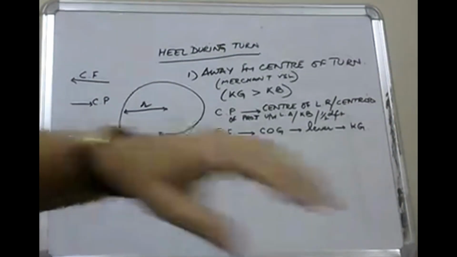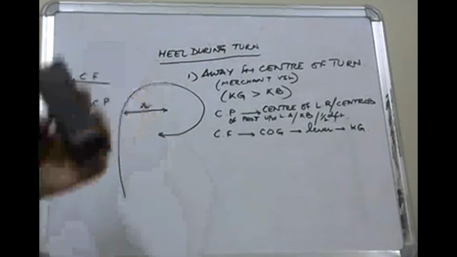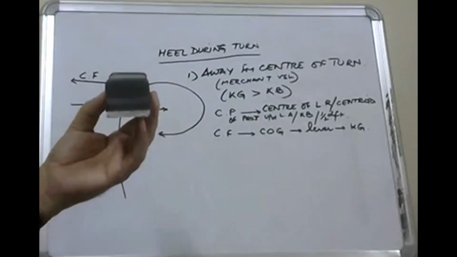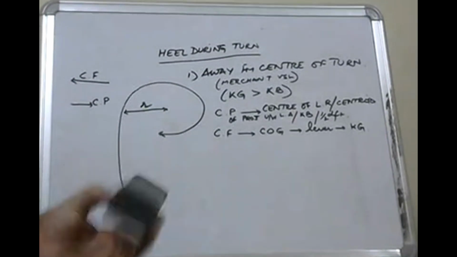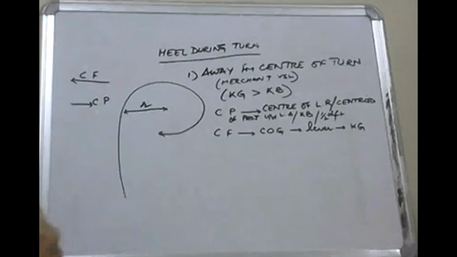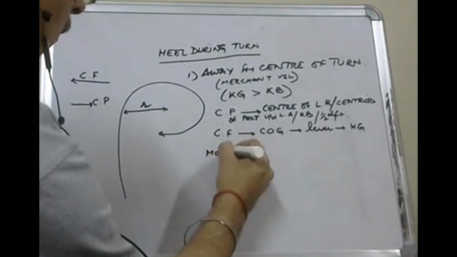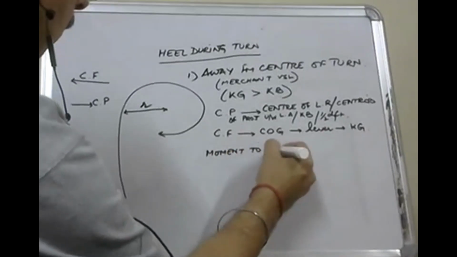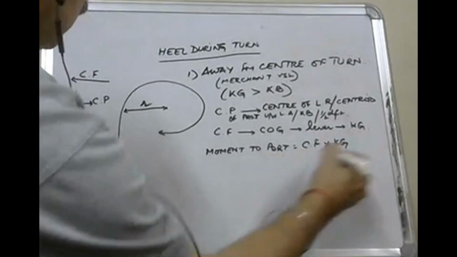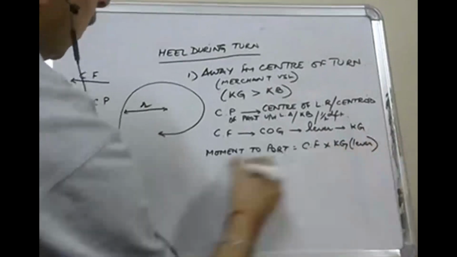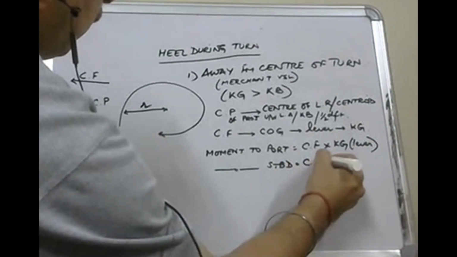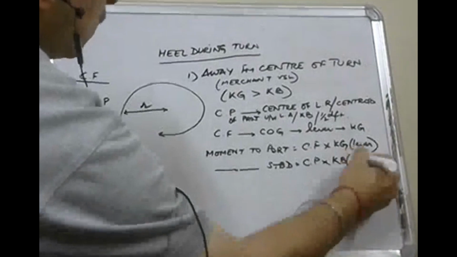So roughly, the centripetal force is acting through KB, so the moment is centripetal force multiplied by KB. And the moment of the centrifugal force is centrifugal force multiplied by KG. So the moment to port is centrifugal force into KG, the lever, and the moment to starboard is centripetal force into KB, which is the lever.